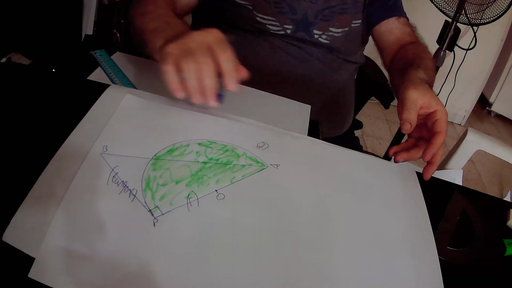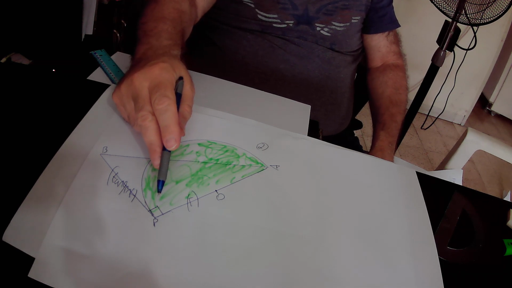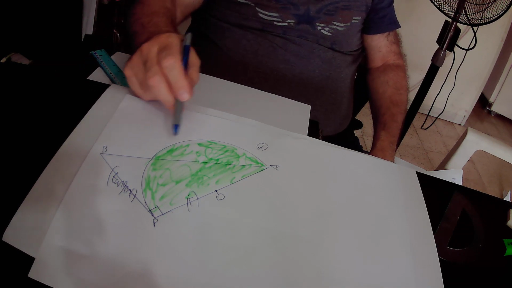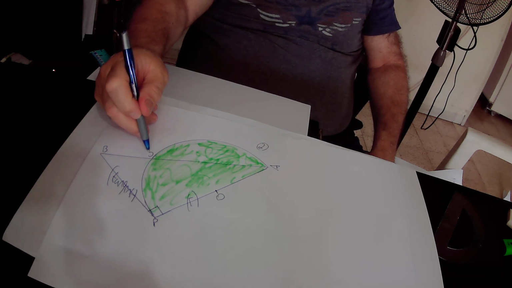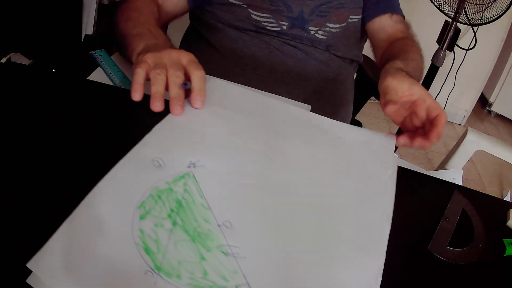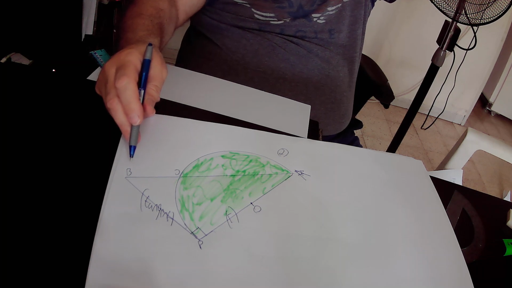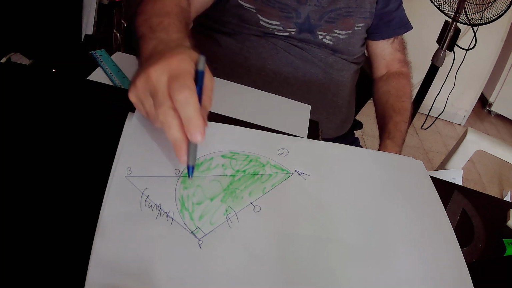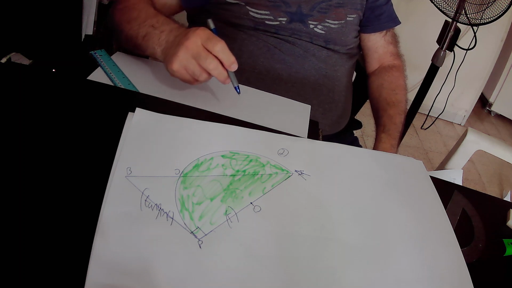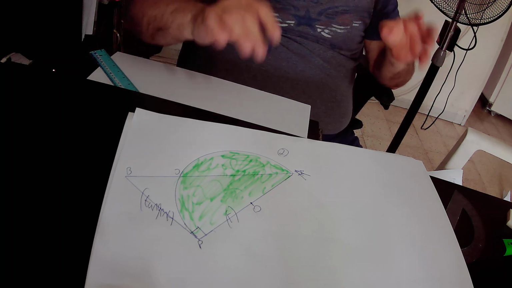Again, from the common external point, point B, we have tangent BP, that is tangent to this semicircle at this point P, and we also have this straight line that cuts this semicircle at 2 points, point A and this is point C. So in conclusion, from the common external point B we have chord CA, and from the same point B we also have tangent BP that is tangent to this green semicircle at point P. That is to say, all the requirements of rule 10 are satisfied, and therefore we can implement rule 10 here.